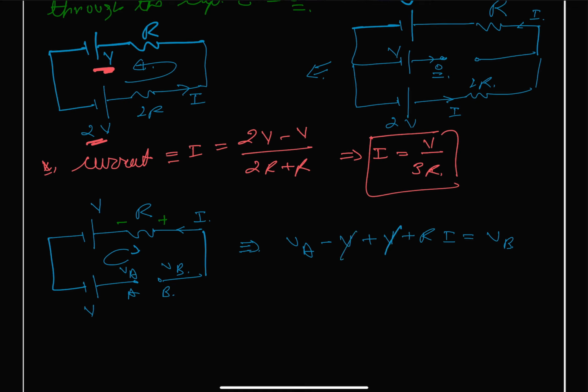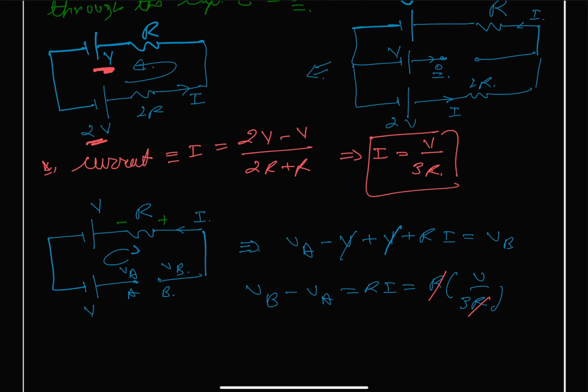V and V cancel out, so we get VB minus VA is equal to R times I, and I we already know is V upon 3R.